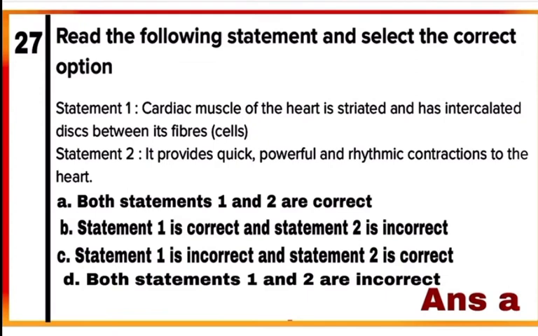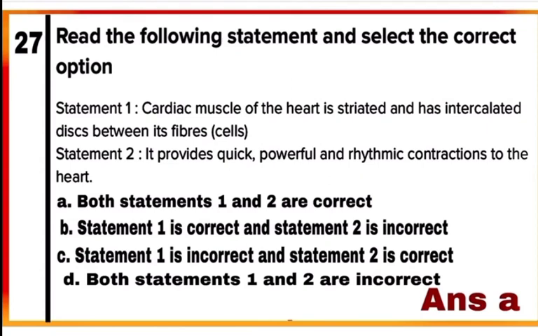See the statement number 1. Cardiac muscle of heart is striated and has intercalated discs between its fibers or cells. This is the correct statement. Come to statement number 2. It provides quick, powerful and rhythmic contractions to the heart. This is also true statement.